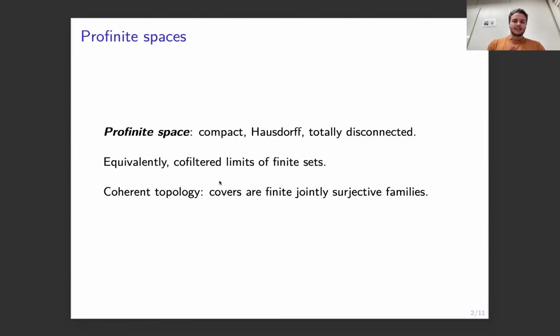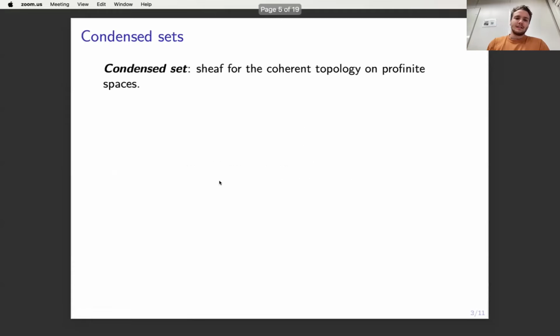In this case, the coherent topology is just finite families which are jointly surjective, so like actual finite covers. And a Grothendieck topology is exactly the structure you need to define what sheaves are on a category. So that's what a condensed set is. It's a sheaf for this Grothendieck topology on the category of profinite spaces.